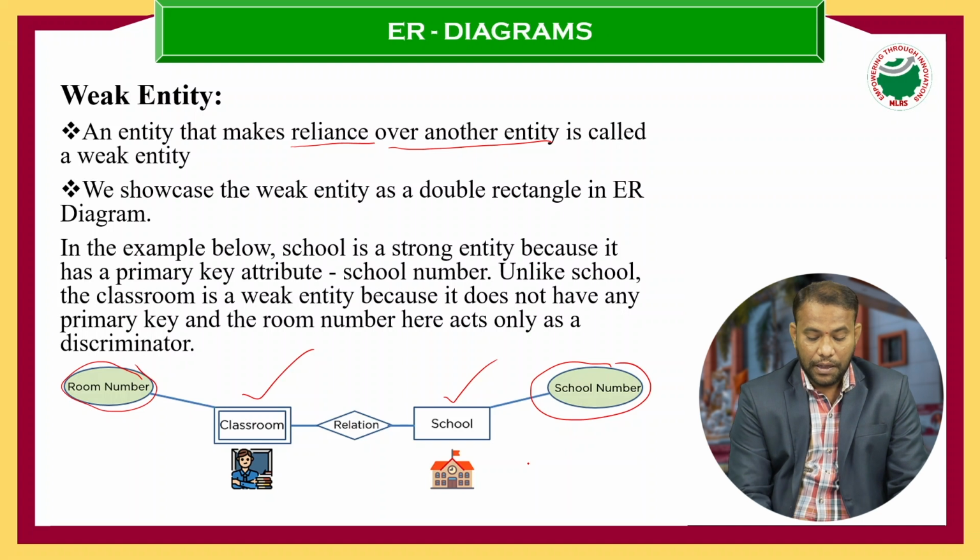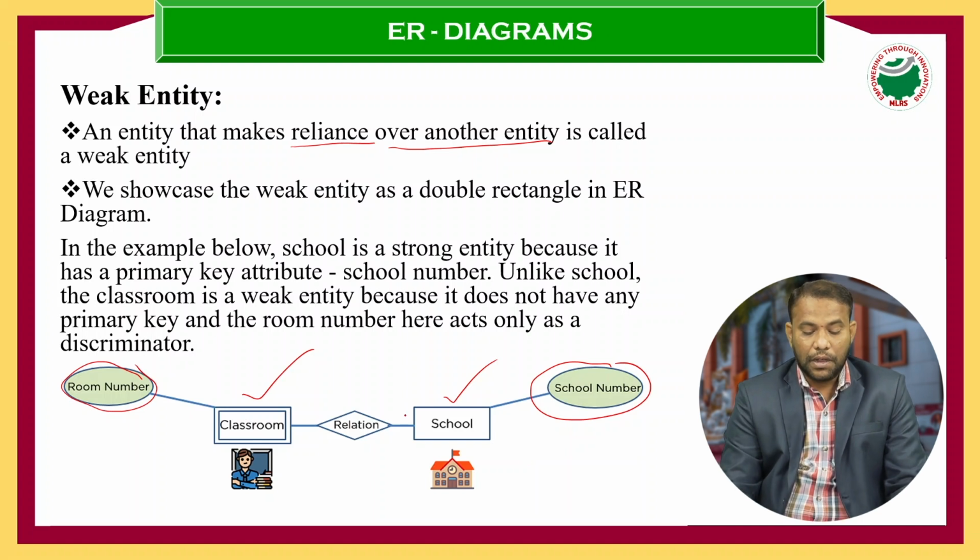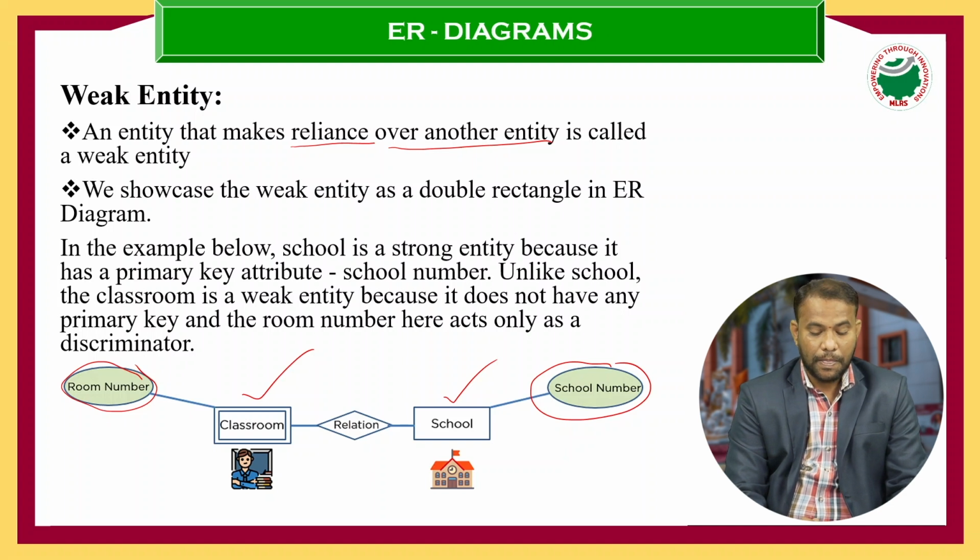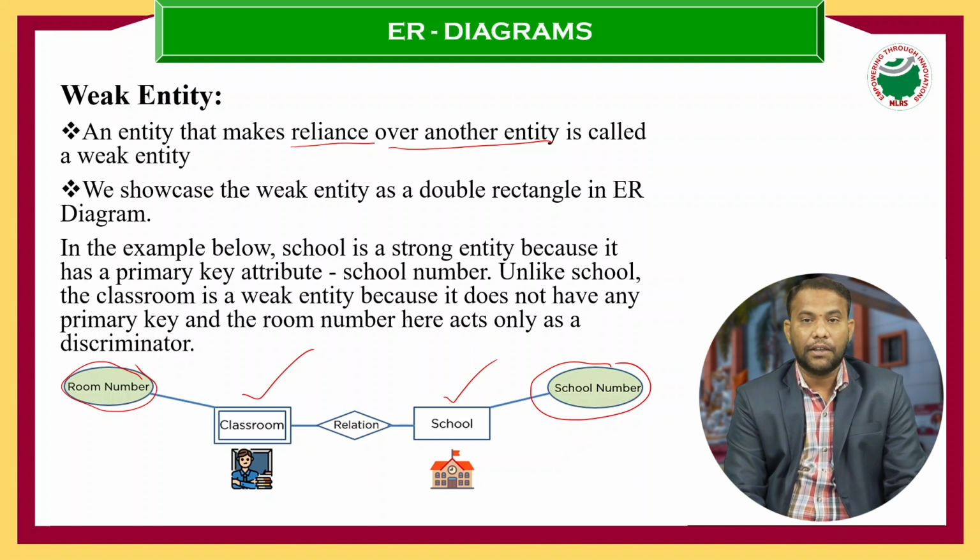In this example, school is called a strong entity because it has a primary key. For every school, there will be a unique school ID when they register. Unlike school, classroom is a weak entity because it does not have any primary key. When an entity has a primary key, we call it a strong entity.